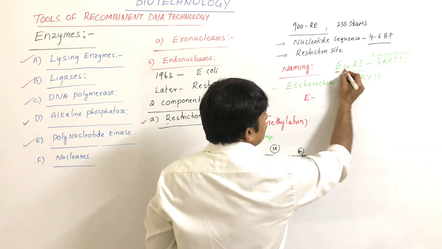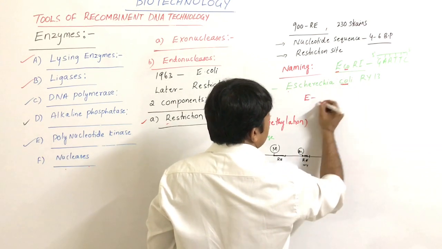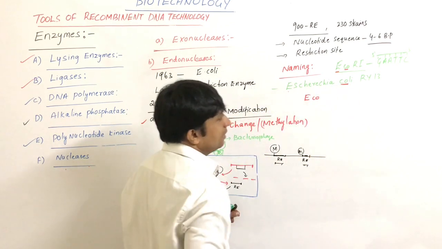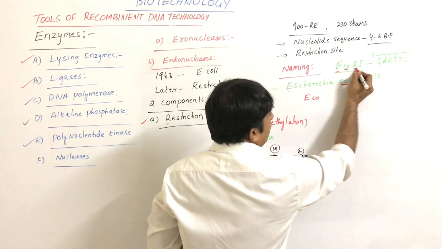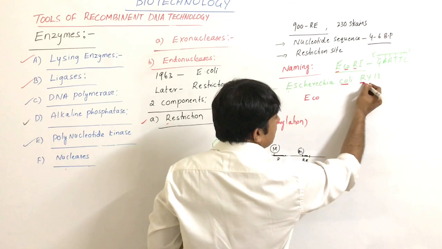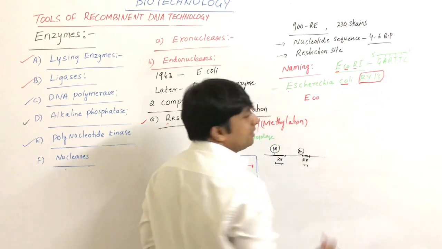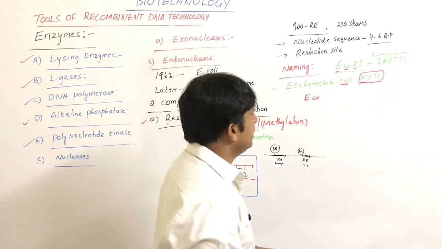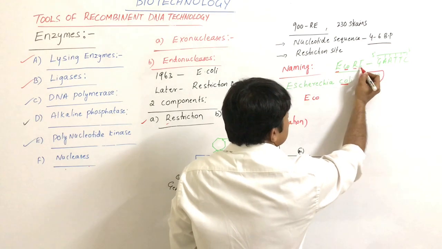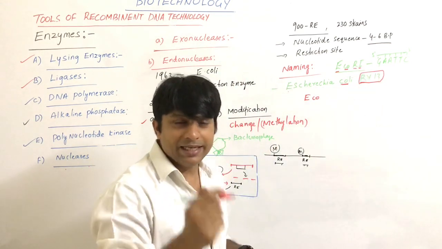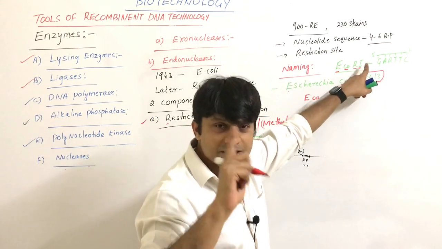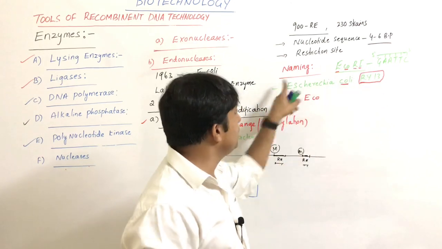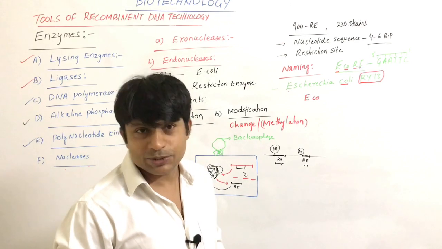The next two letters are the species in small letters. Then R refers to the strain. RY13 is the strain from where this particular enzyme was isolated. Then what is 1? It's a Roman numeral that indicates that this is the first enzyme isolated from this strain. So this is how we name the restriction enzymes.